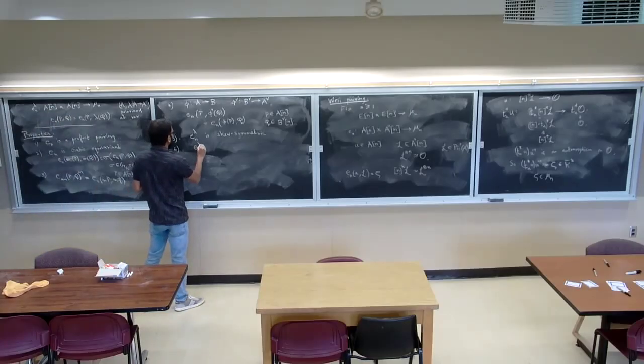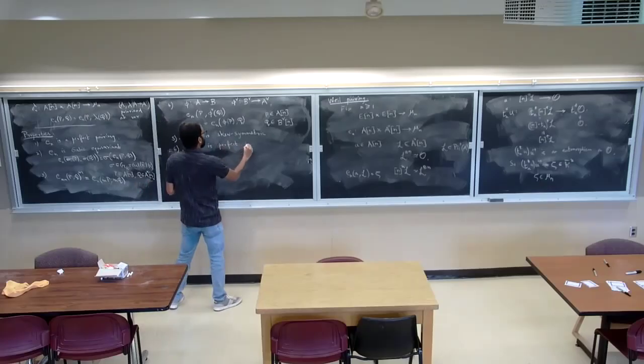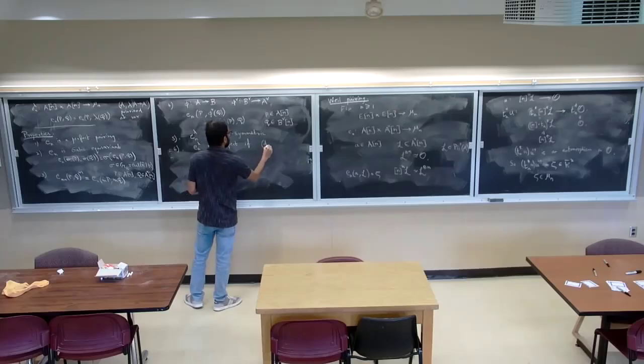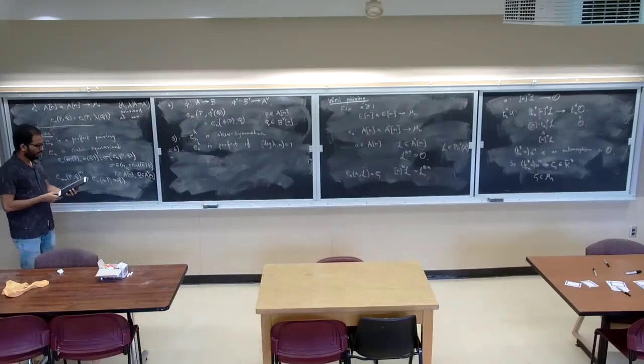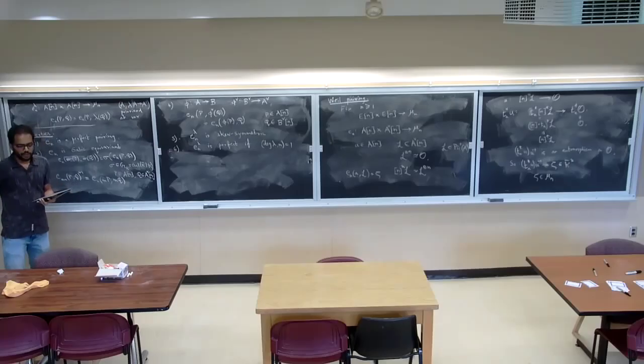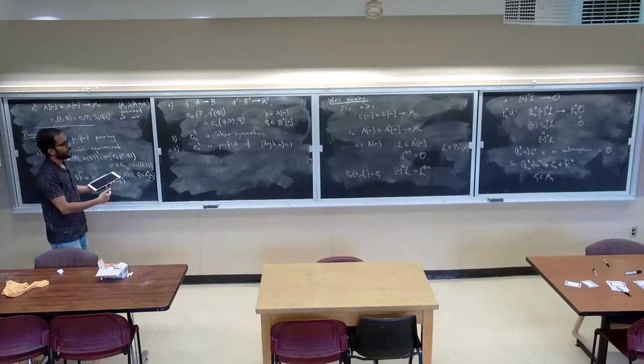So E n lambda is perfect if the GCD of the degree of lambda with n is 1. Any questions on this? So I'm not going to prove any of these properties. I think, using the definitions, these are fairly straightforward.